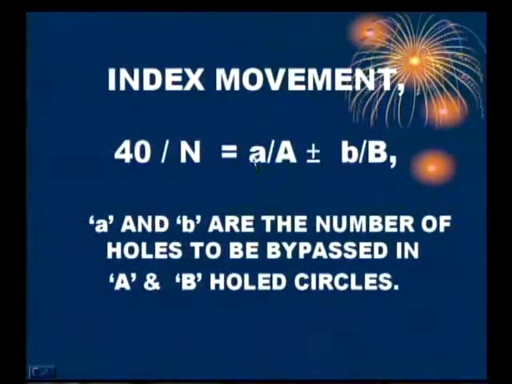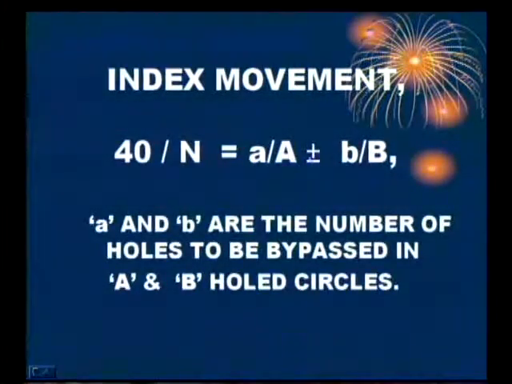For the first stage operation, you locate the A hole circle, and in this circle the crank is moved through small a holes. After that the index plate is released from the back, and with the crank and index plate together you locate the capital B hole circle, and in this circle the plate is rotated through small b holes.